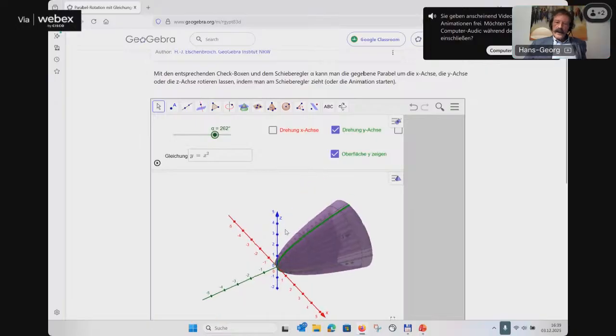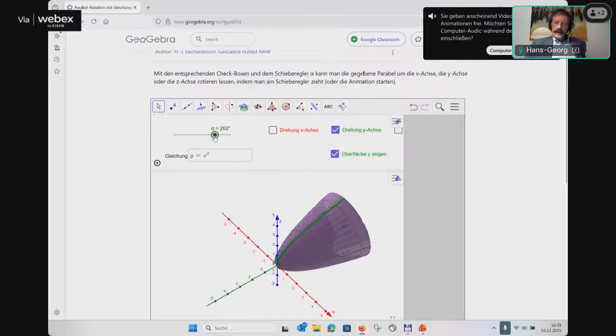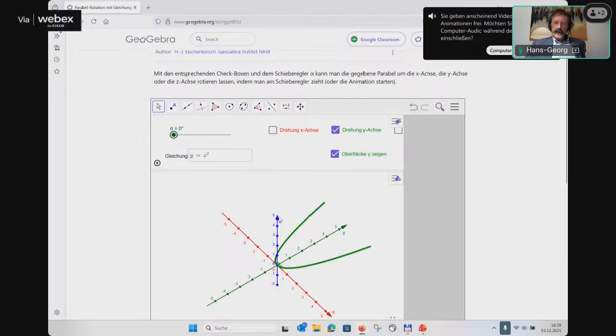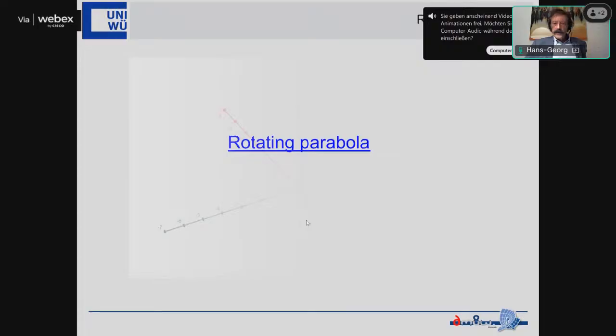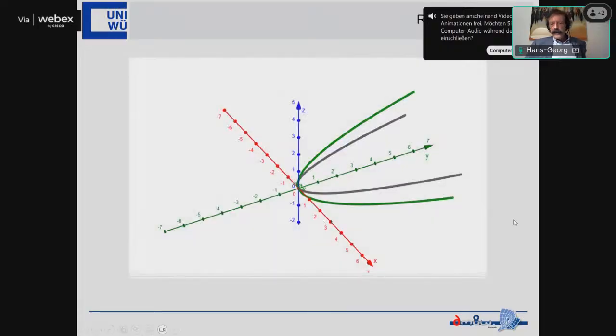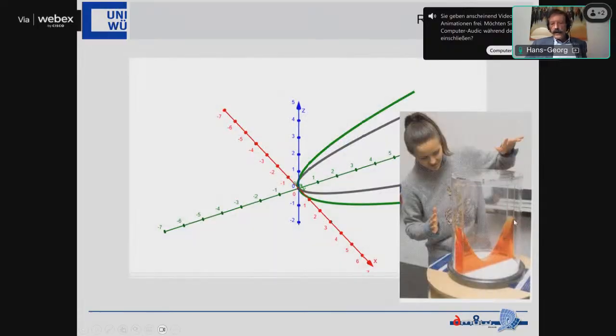So again, the relationship between 2D and 3D, and you can also do this with this picture with the parabola. This is also in the museum in Gießen.